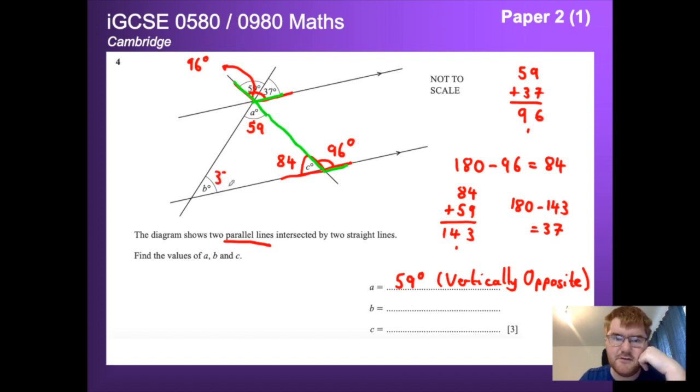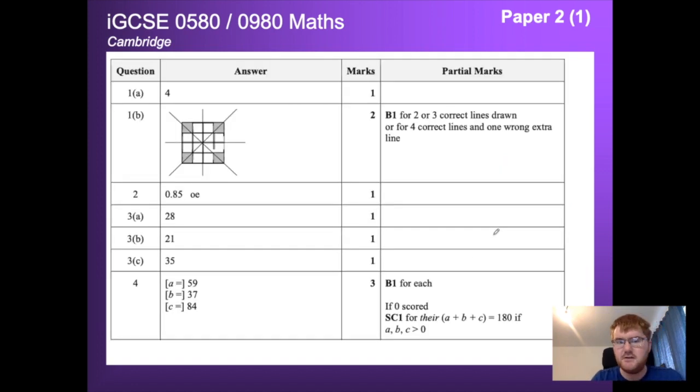This is 37, so let's write that down, 37 degrees. And this angle here, which we worked out earlier, was 84 degrees, like so. Again, please check your answers so you can go through exactly what I've just done here. So feel free to rewind the video and have a look and ensure that you understand how we got all our answers.